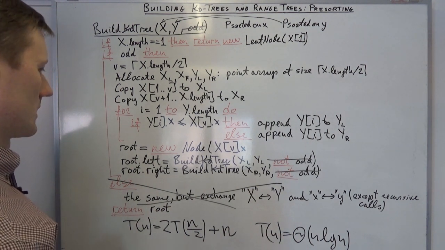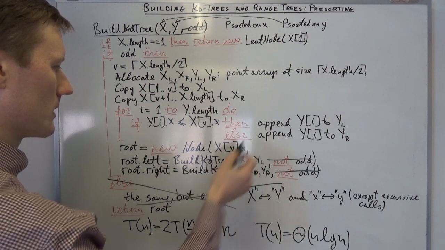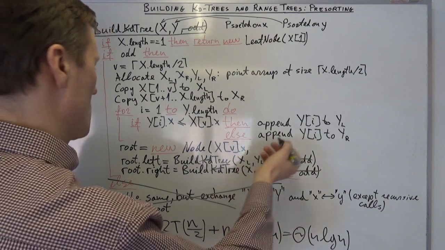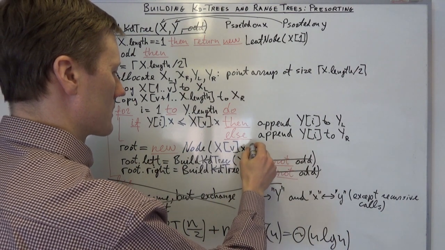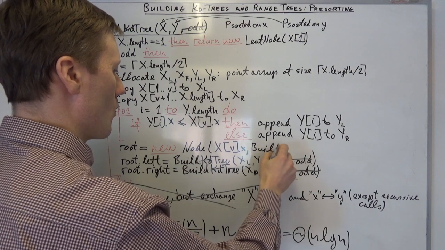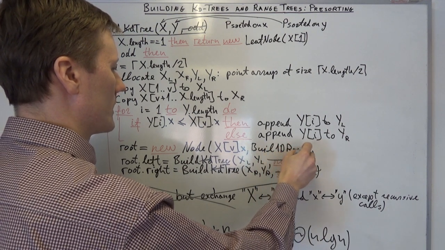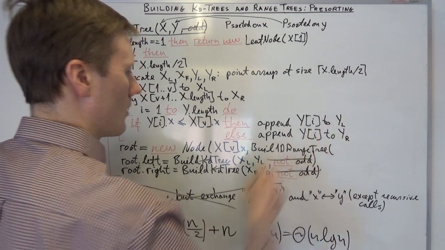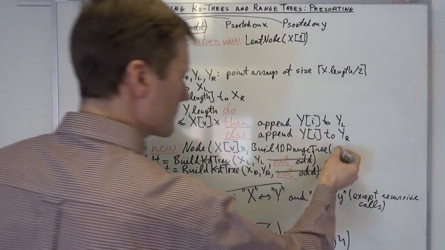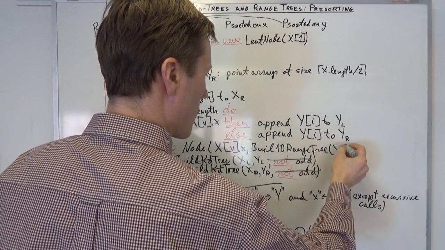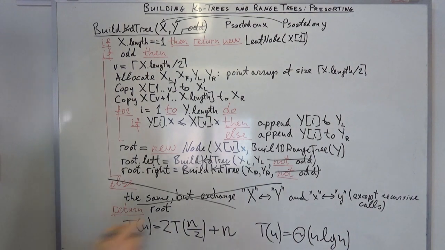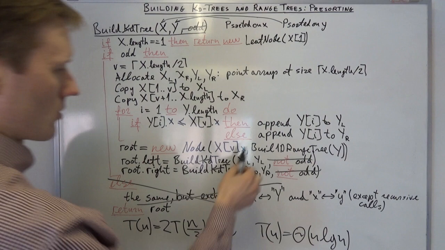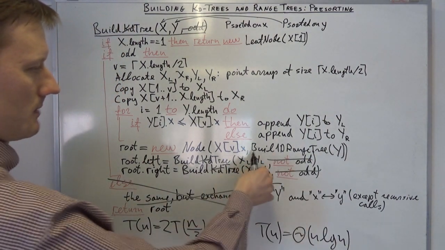And the main change would be that whenever we build a node, we also build the associated structure of that node, which would be something like build 1D range tree, right? Which is more or less a binary search tree on the points contained in Y. It's containing all the points in Y. And so this part can be easily implemented in linear time.